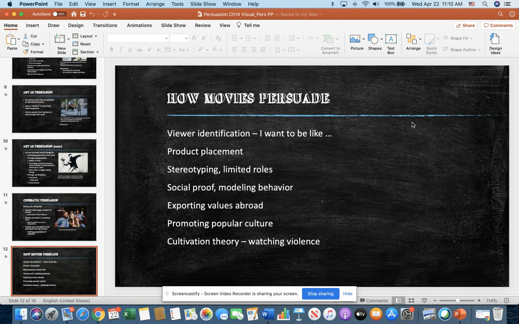Movies are one of the ways that values can be exported to other cultures, for the good or for the bad. Again, this is dating myself back to the 80s and 90s. The Middle East had a big problem with Madonna and the things that she expressed, promiscuity and sexual freedom and not enough clothes covered up, I guess.